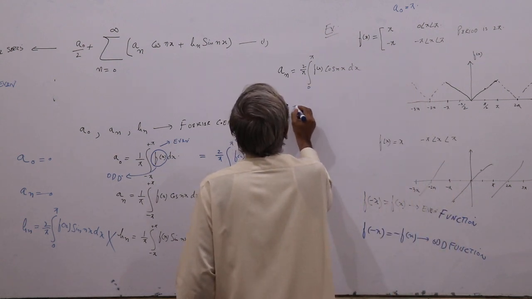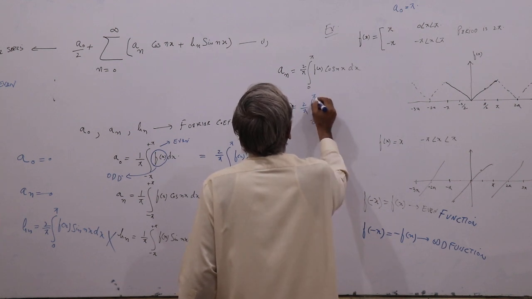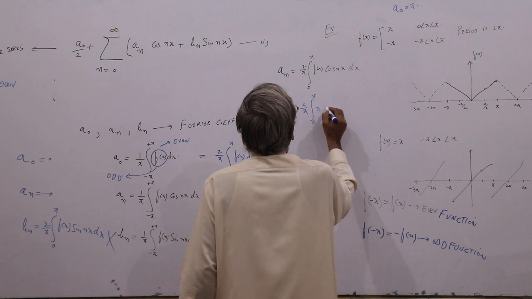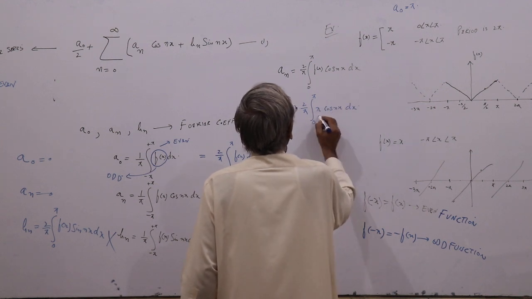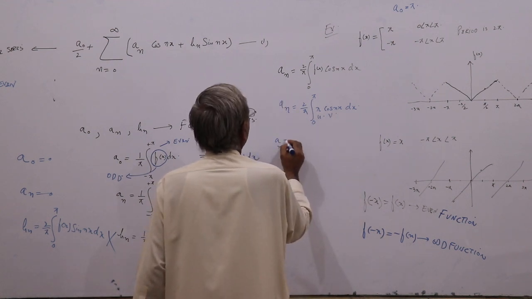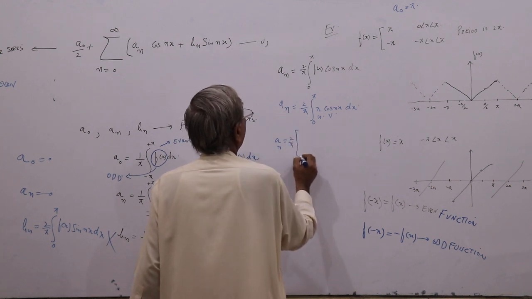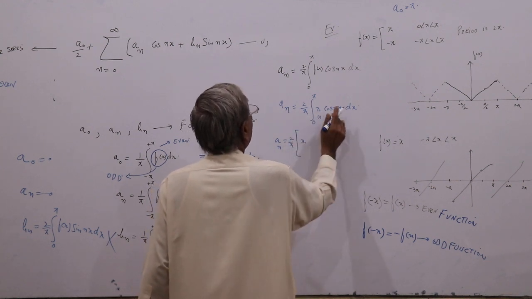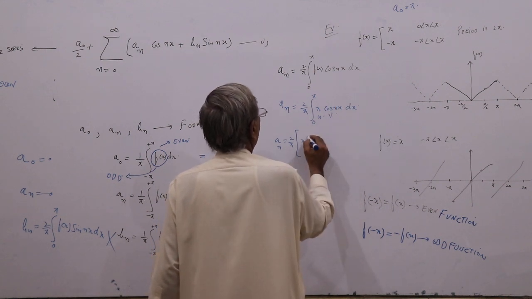An is equal to 2 over pi integral 0 to pi, f(x) is x, cosine of nx dx. It is in u into v form. So an is equal to 2 over pi, u, integral of this, how much?